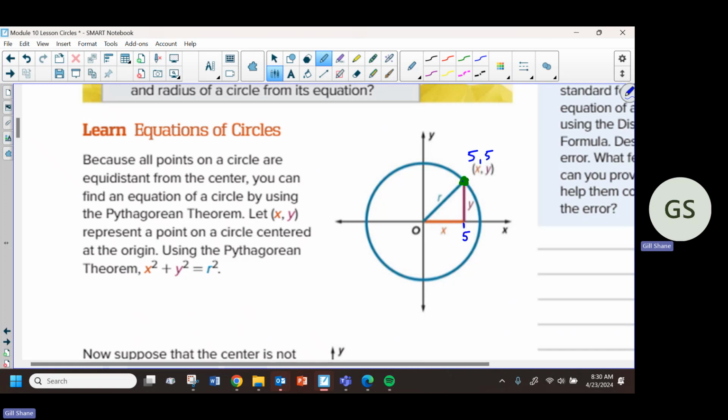That's how I get that value. Well, that means that y value has to be 5. So the length going from 0 to 5 is just 5. That's how long that is.